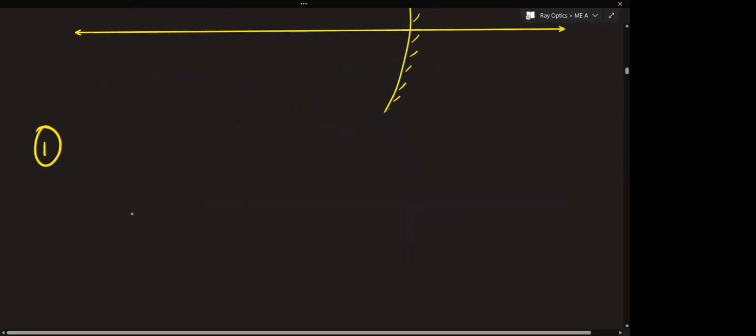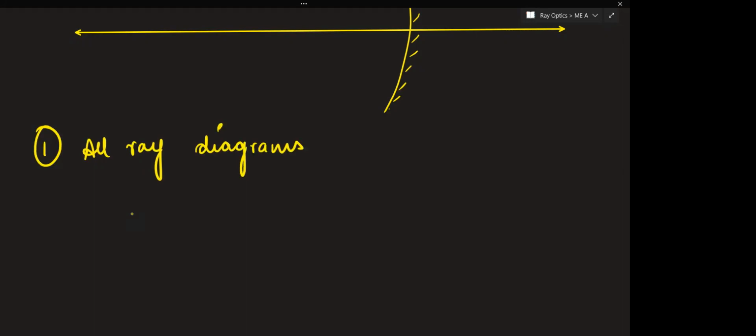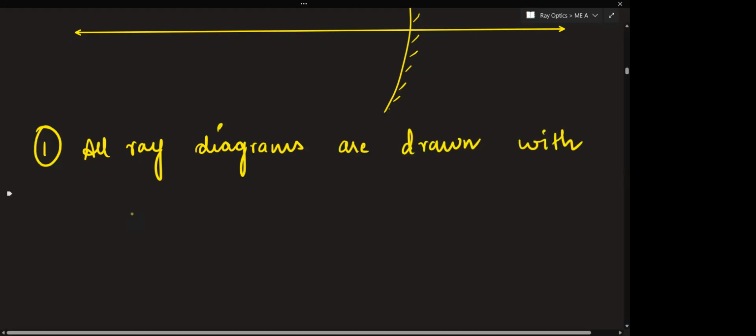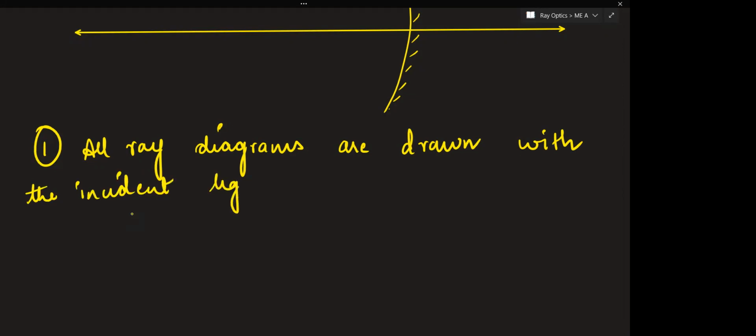So the first point is: all ray diagrams are drawn with the incident light traveling from left to right.